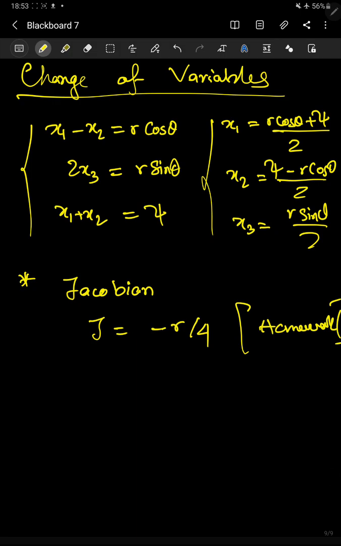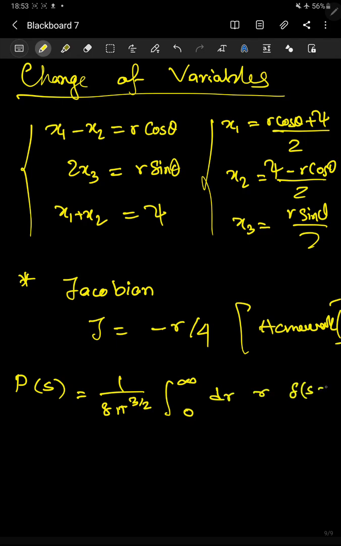This is your homework, and it will appear in your problem sheet 3. Now let's enforce the change of variables. So back to our integration, r has 0 to infinity limits. If we enforce this, the delta function is just s minus r, with theta from 0 to 2 pi.